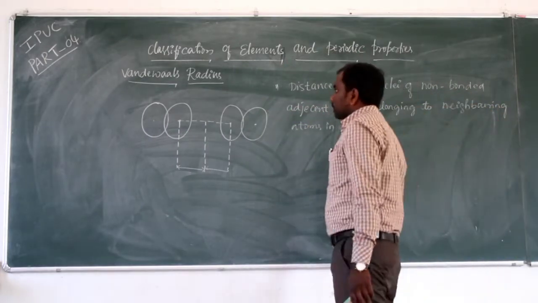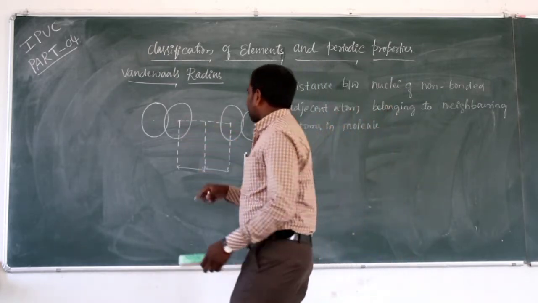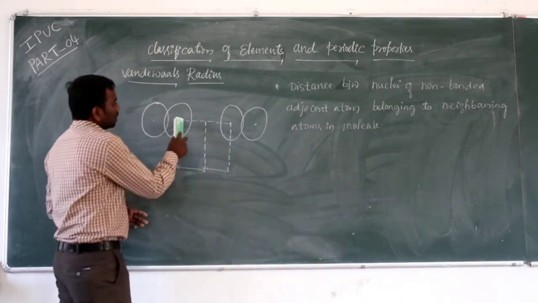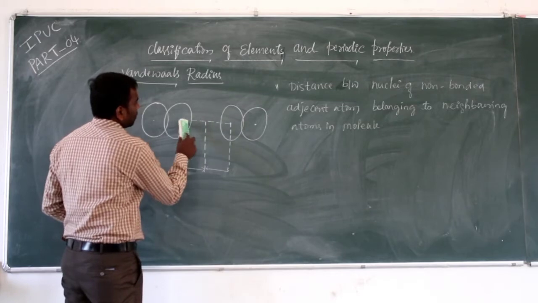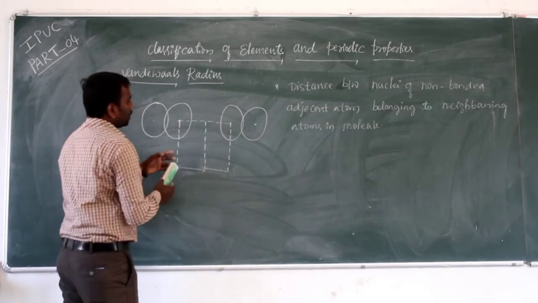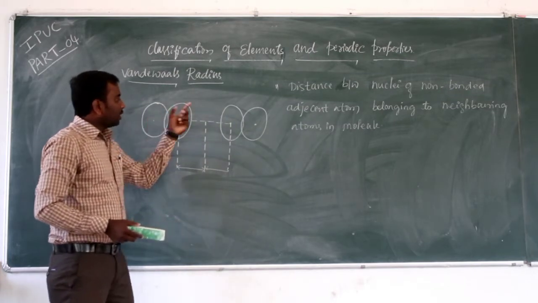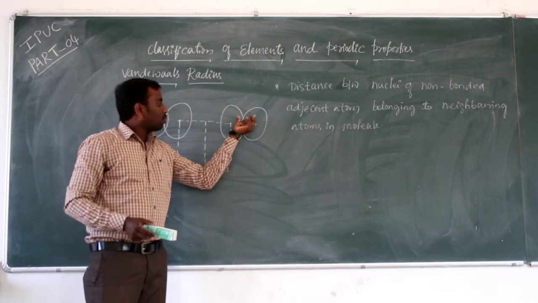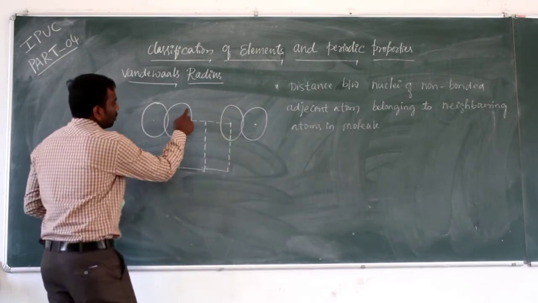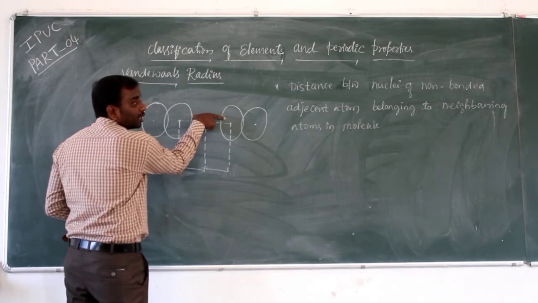See here, van der Waals radius means the distance between nuclei of non-bonded atoms. Look, this atom is bonded with this atom, and this one is bonded with that one, but 1 and 2, these two atoms are non-bonded atoms, right?